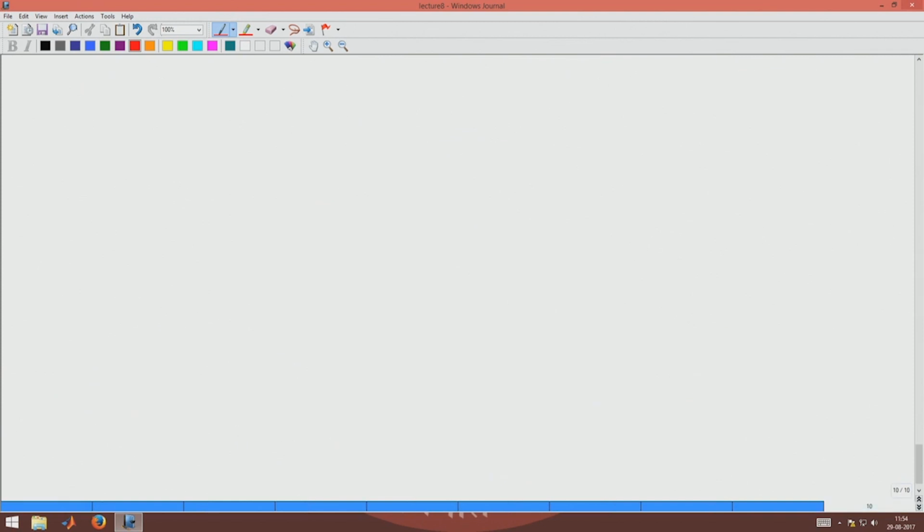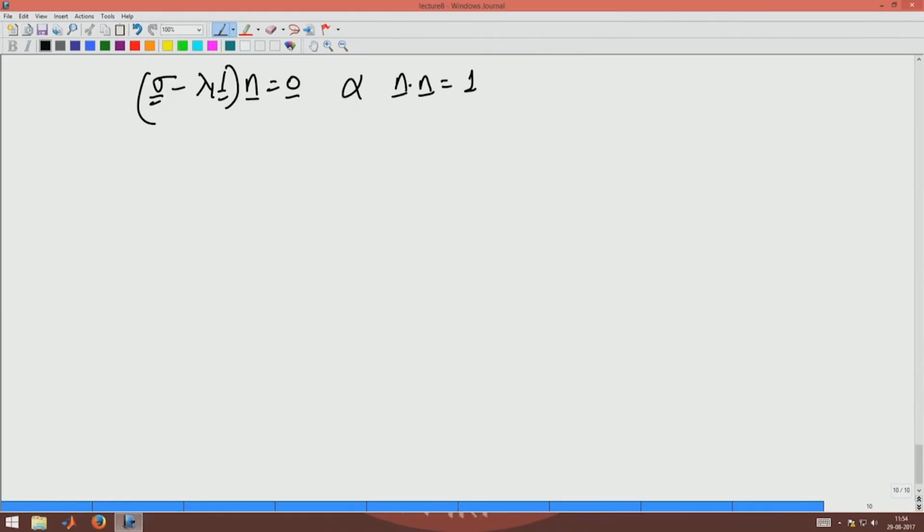How do I find the plane on which these extremum normal stresses occur? When I substitute (sigma minus lambda 1 identity) times n equal to 0 vector and the condition that n dot n must be equal to 1, what I get is a system of 3 equations which I have to solve to get the plane on which this extremum normal stress lambda 1 occurs.